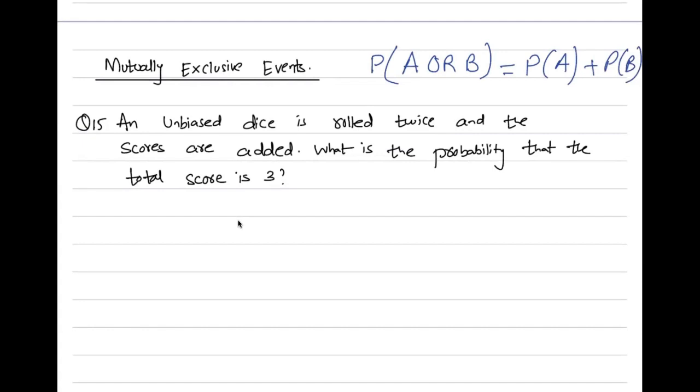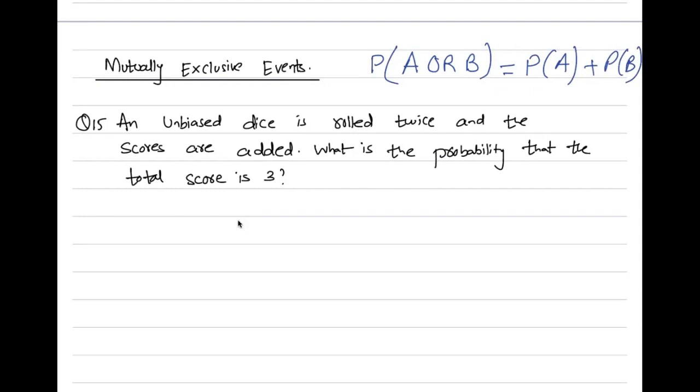Okay. So for example, if I roll a dice and it is a fair dice, a six-sided fair dice, and I ask you what is the probability of getting a 4 or a 5, you know that 4 and 5 on a single die cannot occur at the same time. So getting a 4 or getting a 5 is mutually exclusive.